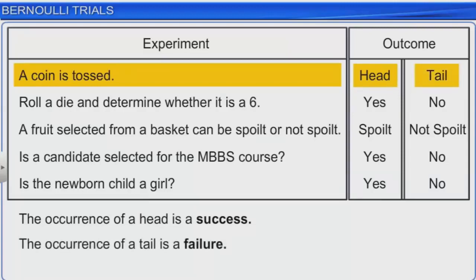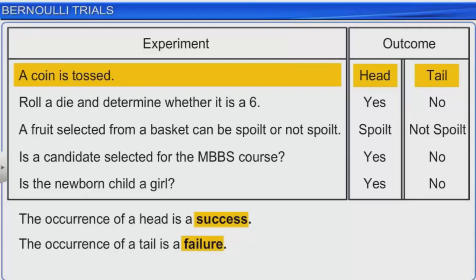If we perform this experiment any number of times, then each trial will have only 2 outcomes, success and failure. This means that these trials are independent, and hence the outcome of one trial is independent of the outcome of the others.